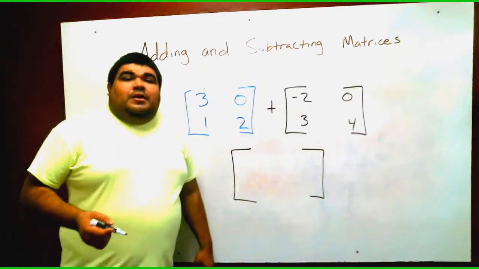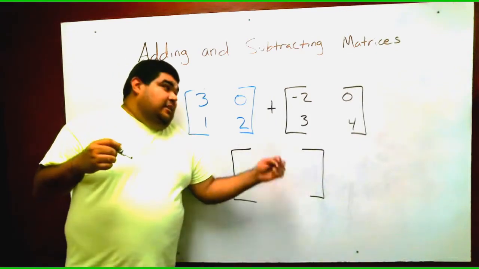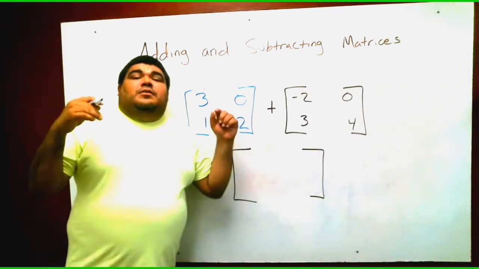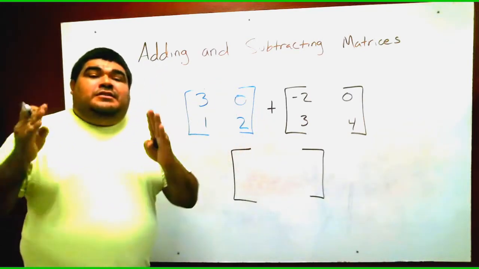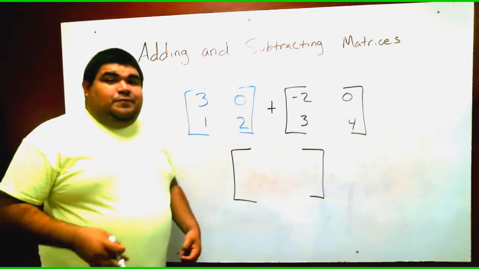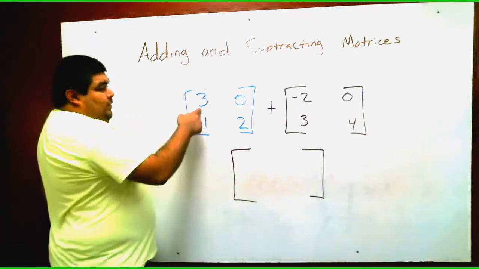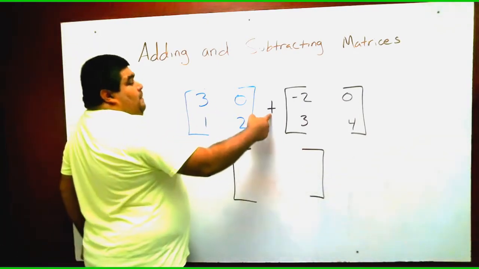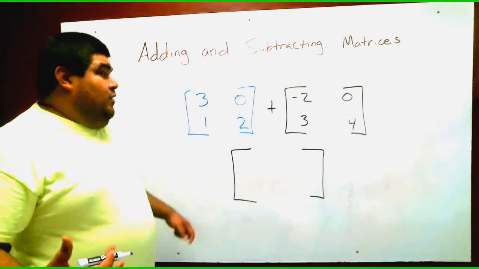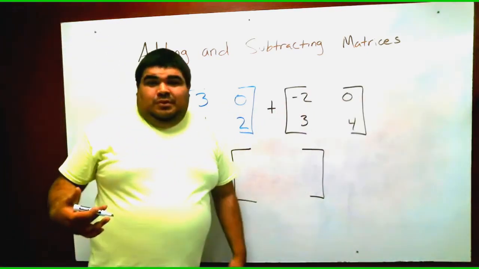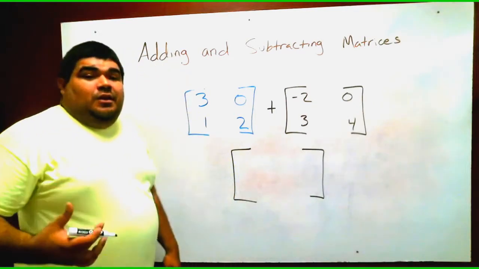Okay? The reason why it has to be a 2 by 2, because you're only, in this case, adding the place the number is located at to the other one and the same place it's located at. Okay, for example, we have 3 plus negative 2. Notice that one's negative. We have 3, in other words, 3 minus 2. So 3 minus 2 is 1.